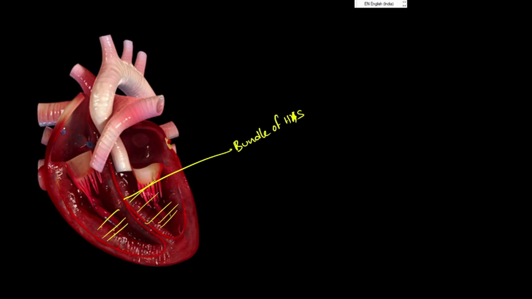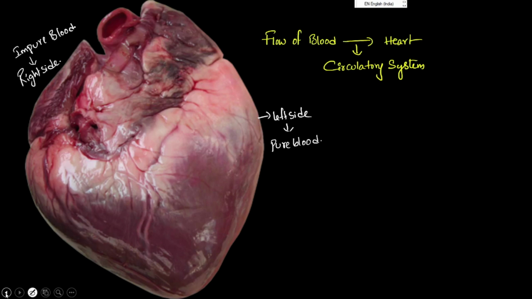This is the AV node and this is the SA node. These are the two different types of nodes present in the heart, students. Right auricle, right ventricle, left auricle, left ventricle. See how clear the human heart is, students. So that is all regarding the circulatory system.